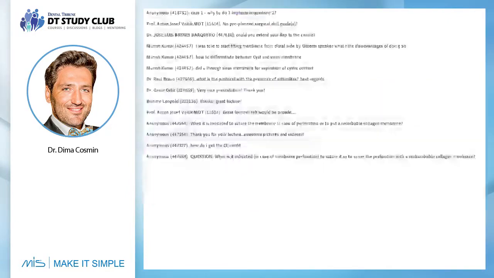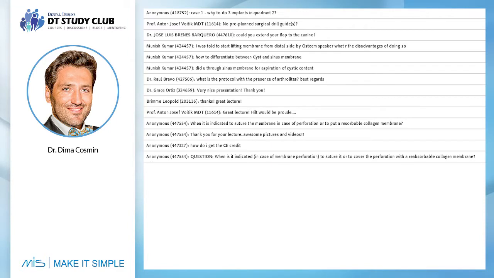The first question is why do 3 implants in quadrant 2 in case 1? Because as you saw, we had to make a 2-step intervention. As I told you, the patient didn't want us to touch the other teeth, so we could not make any provisional without touching the other teeth.